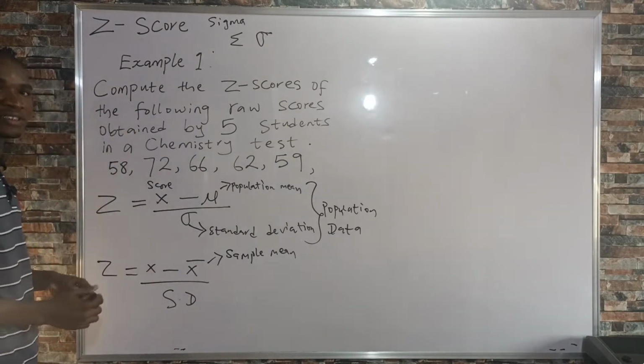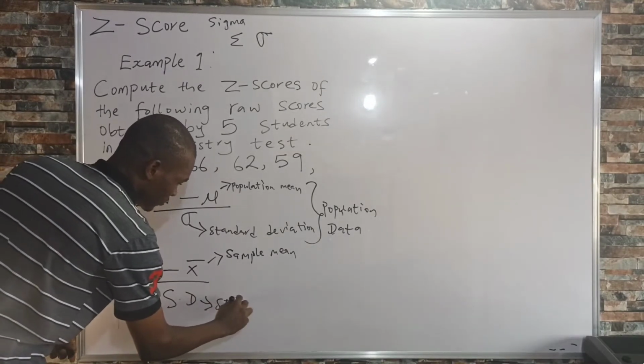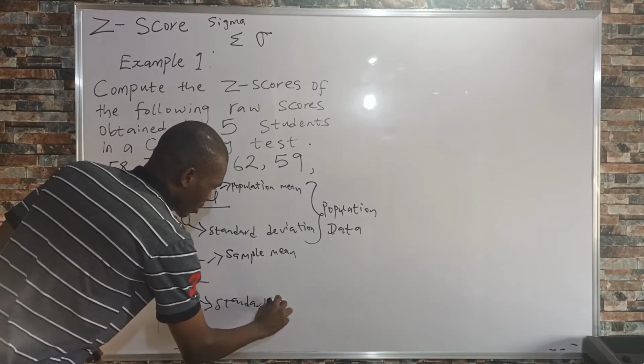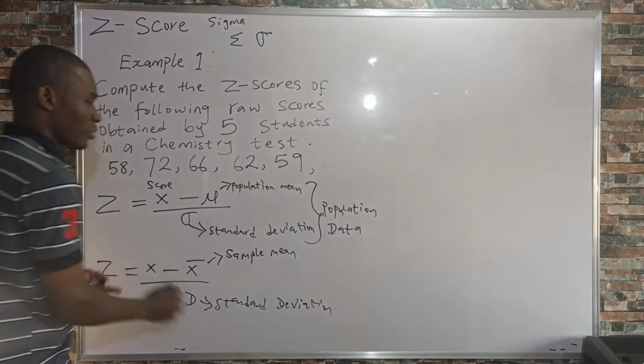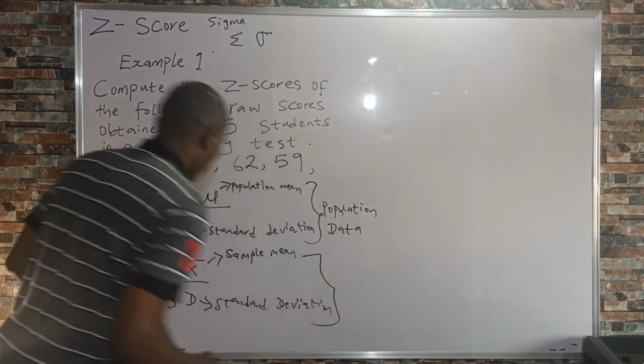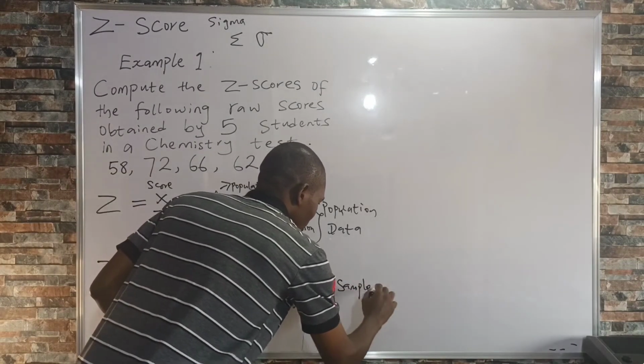So the SD stands for the standard deviation. This other formula is used for calculating for our sample data.